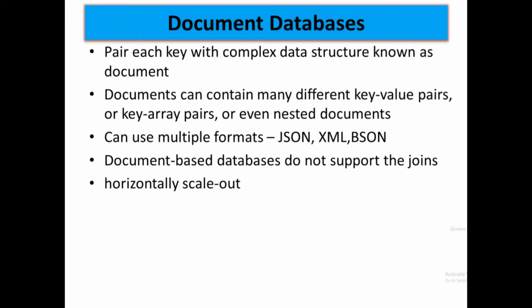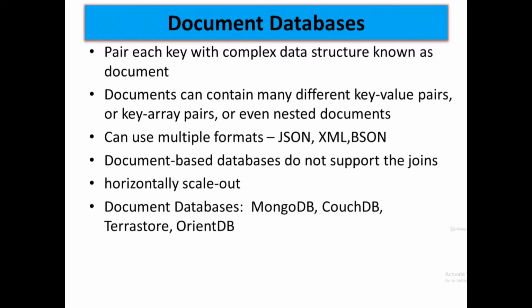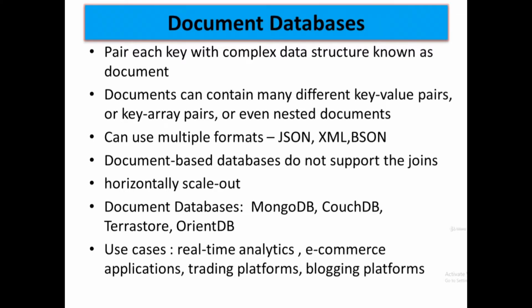They can horizontally scale out to accommodate large data volumes. Some of the document-based databases are MongoDB, CouchDB, TerraStore, and OrientDB. Use cases include real-time analytics, e-commerce applications, trading platforms, and blogging platforms.